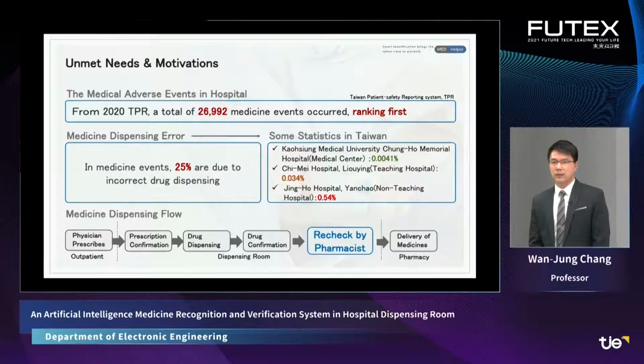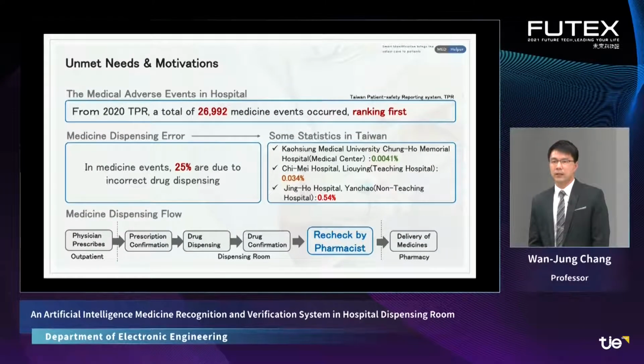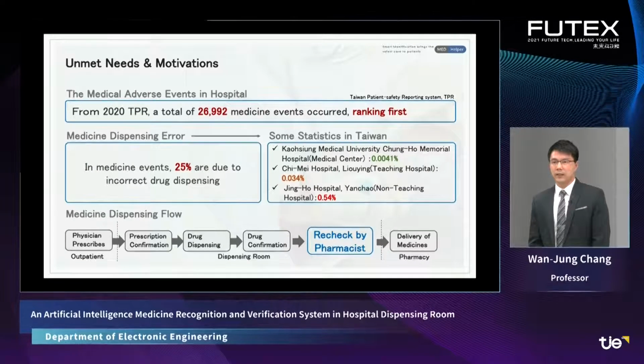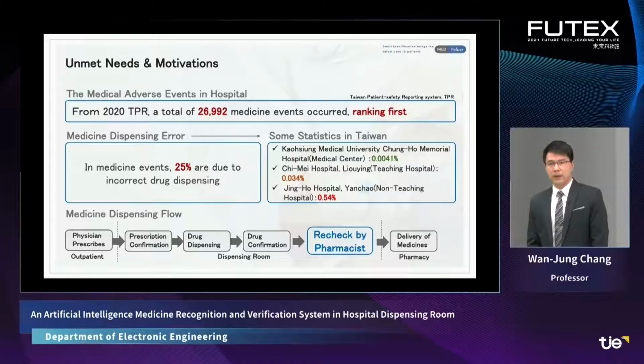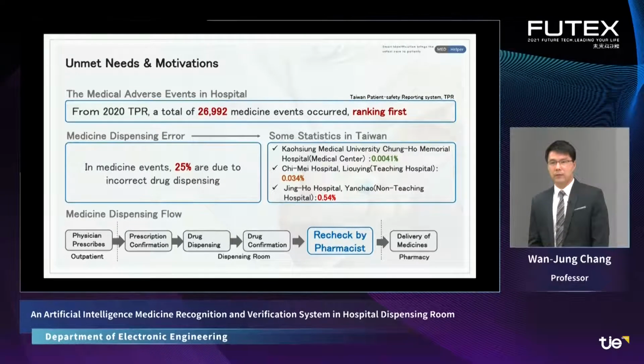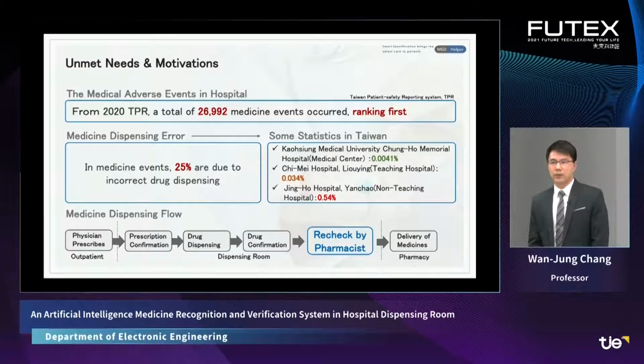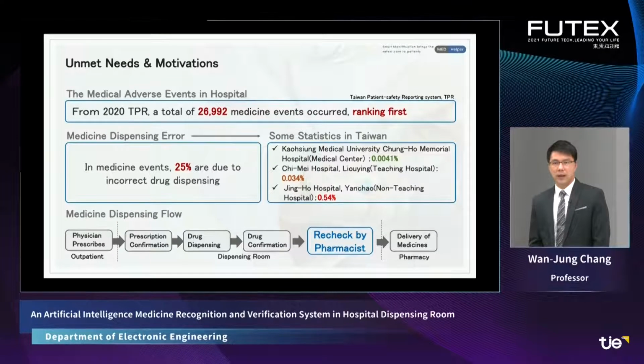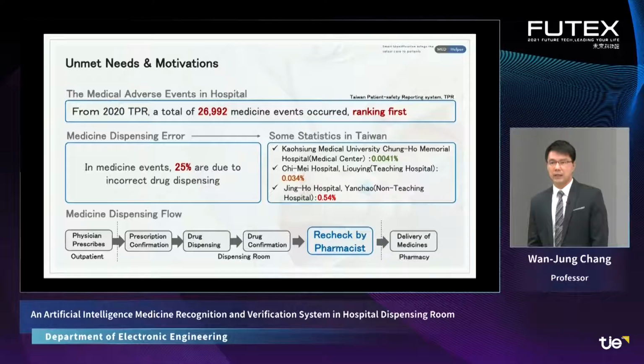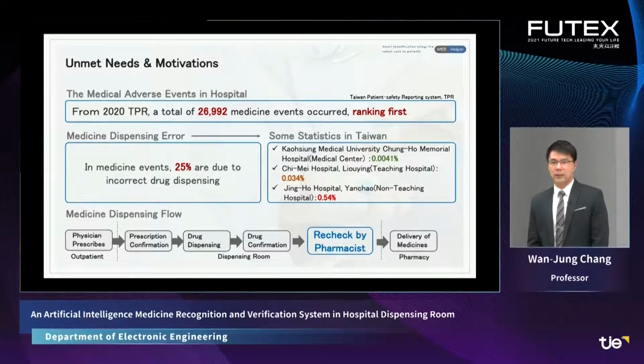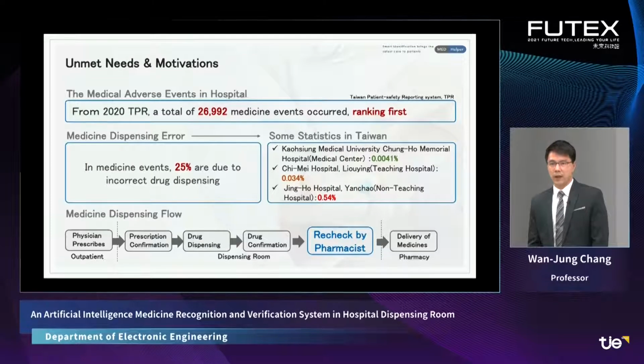Here shows the current medicine dispensation flow in the hospital dispensation room. After the doctor issues the prescriptions in the clinic, in the dispensation room, the pharmacist first confirms the prescriptions and then starts to dispense the drugs. After the drug dispensation is completed, a confirmation of whether the drug dispensation is wrong will be checked.